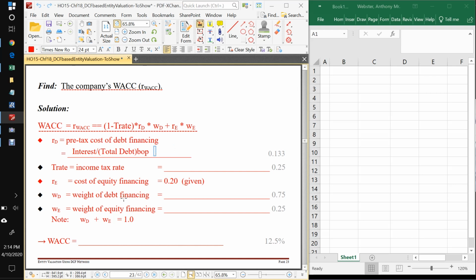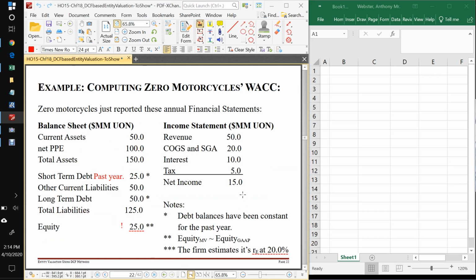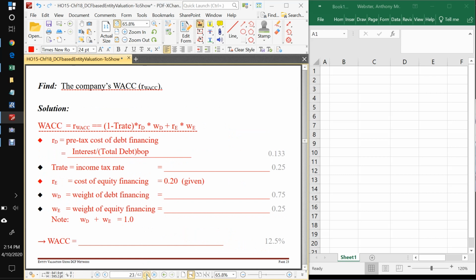So what's that equal to? Let's go back and find out. So the interest was 10, and the total debt, short-term debt, long-term debt, has nothing to do with short-term or long-term. We want all the debt, right? Because this interest payment came from all of it. Didn't matter if it were short-term or long-term. So 25 plus 50, that's 75.